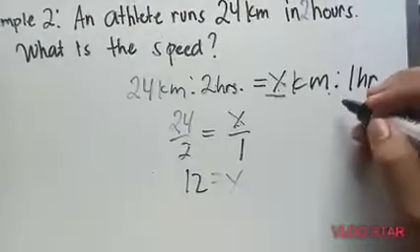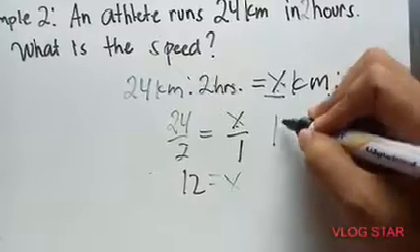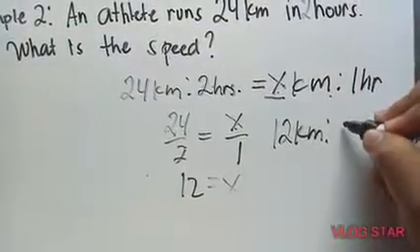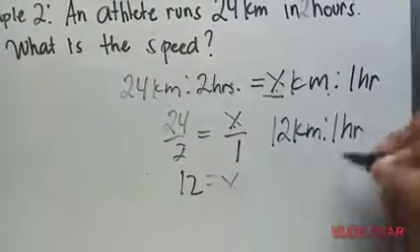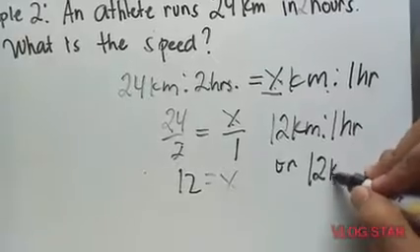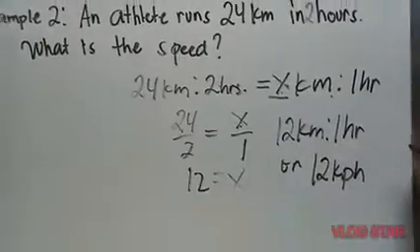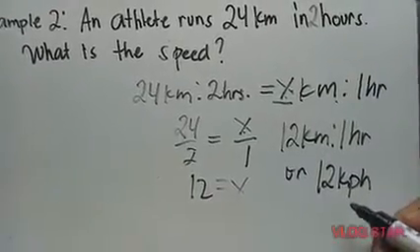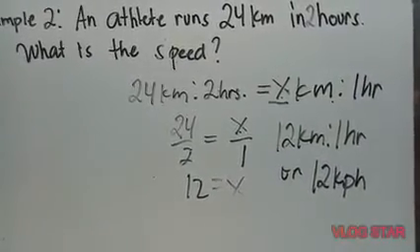So if we write this, 12 kilometers, 2 is to 1, or 12 kph, 12 kilometers per hour. That is the speed.